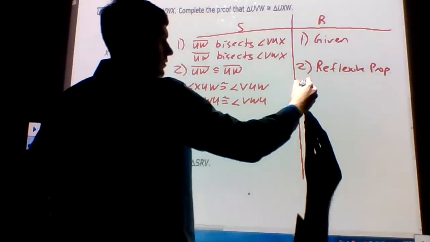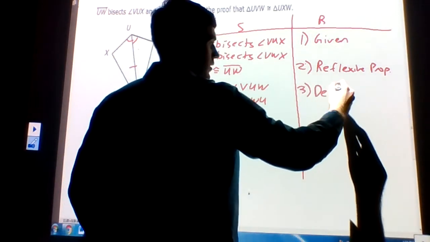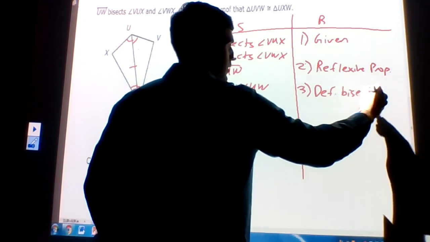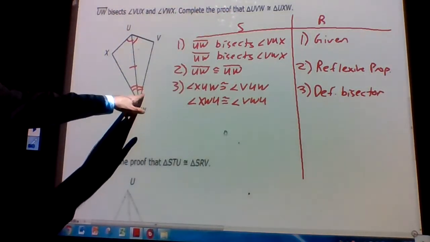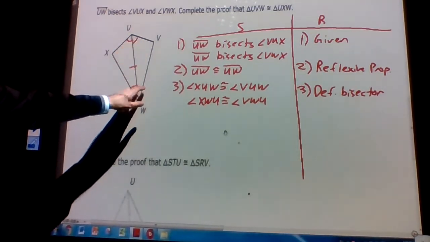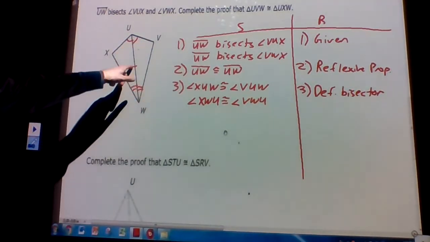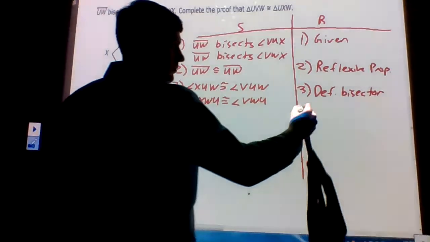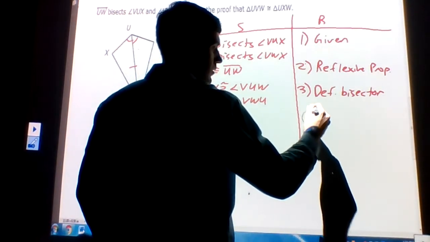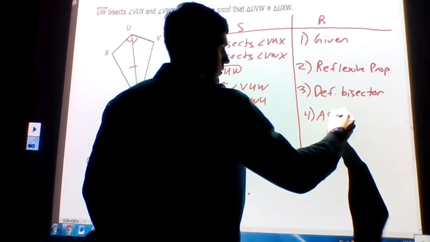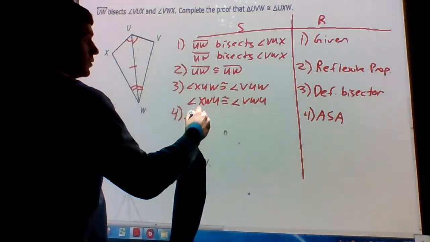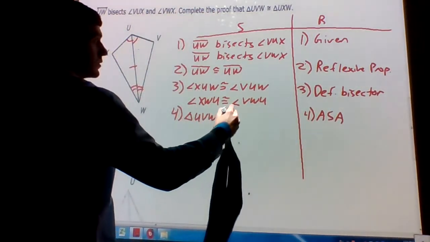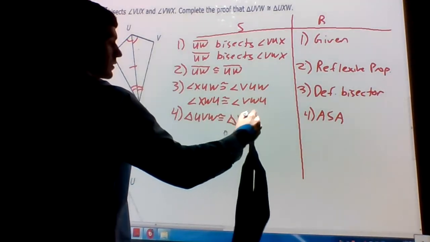Okay, and that's the definition of a bisector. It cuts it in half into 2 equal pieces. So we cut the big angles into the equal smaller angles. We now have angle side angle, which will tell us their triangles are congruent. So triangle UVW is congruent to triangle UXW.